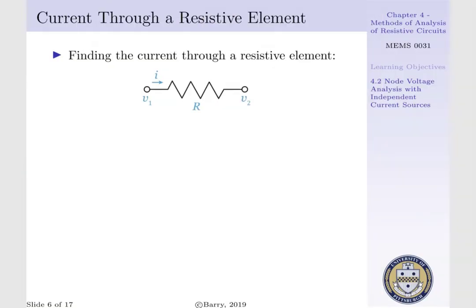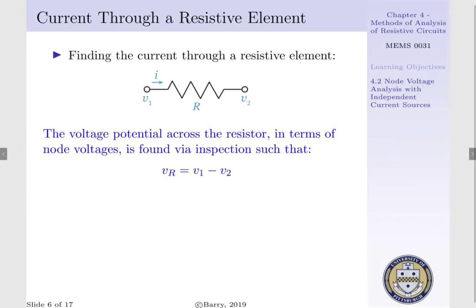Lastly, we can express a current running through a resistor. That is, if we have a resistor with resistance R and a voltage potential across the device such that we have V1 on the left-hand side and V2 on the right-hand side, we can subsequently determine the voltage drop across this element. Now, constructing an expression for the voltage potential across a resistor in terms of node voltage, we recognize the voltage drop across a resistor, V sub R, would be our potential at terminal 1, V1, less our potential at terminal 2, V2.